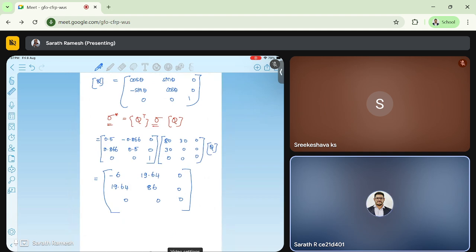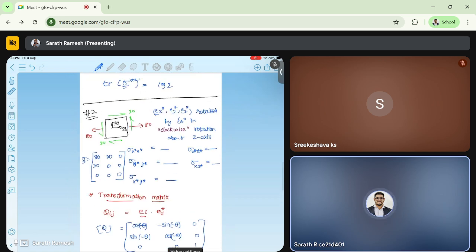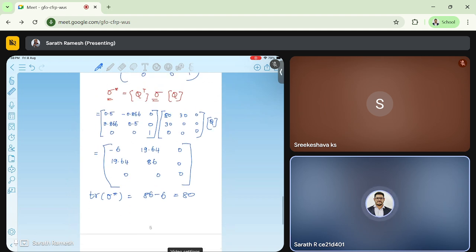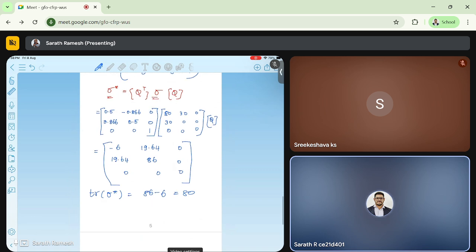Okay. Now, can we have a quick check whether my answer is right or wrong? What is the trace of sigma star? Trace of sigma star is 86 minus 6, which is 80, right? Now, trace of sigma is again 80 plus 0, which is 80, correct? And sigma square is difficult, it needs more computation.